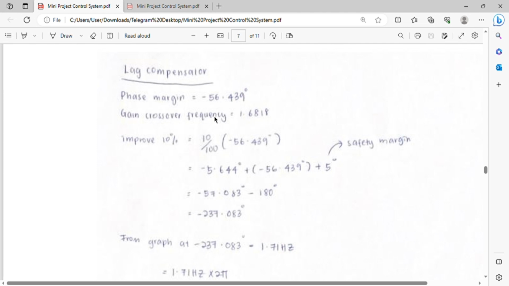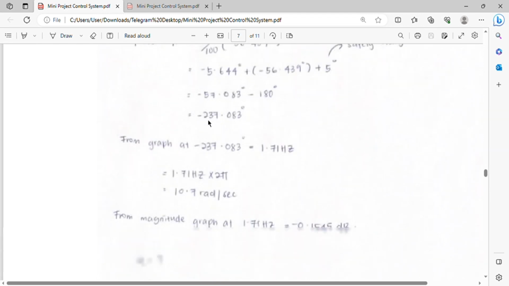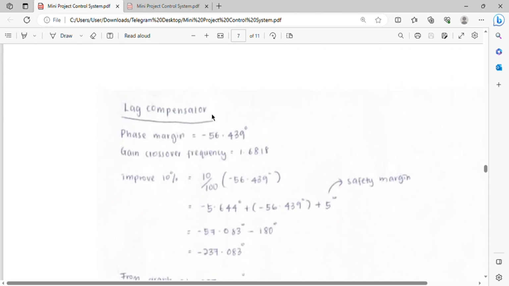Afika already told about the lead compensator, and now it is my turn to share about the lag compensator. For the lag compensator, we also need to calculate the alpha, the zero and the tau. Firstly, we need to find the phase margin from the first Bode plot. We got negative 56.439, and then we look at the gain crossover frequency, 1.6818.